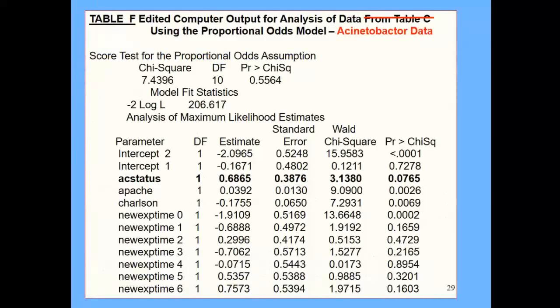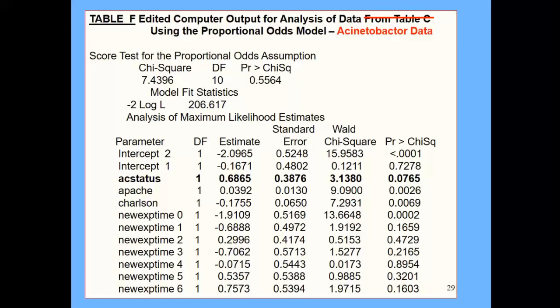Notice that each of the variables in the model is listed only once. There are 7 variables listed for the matching variable. This is not age; this is the matching variable, the time somebody was in the hospital prior to the infection occurring.